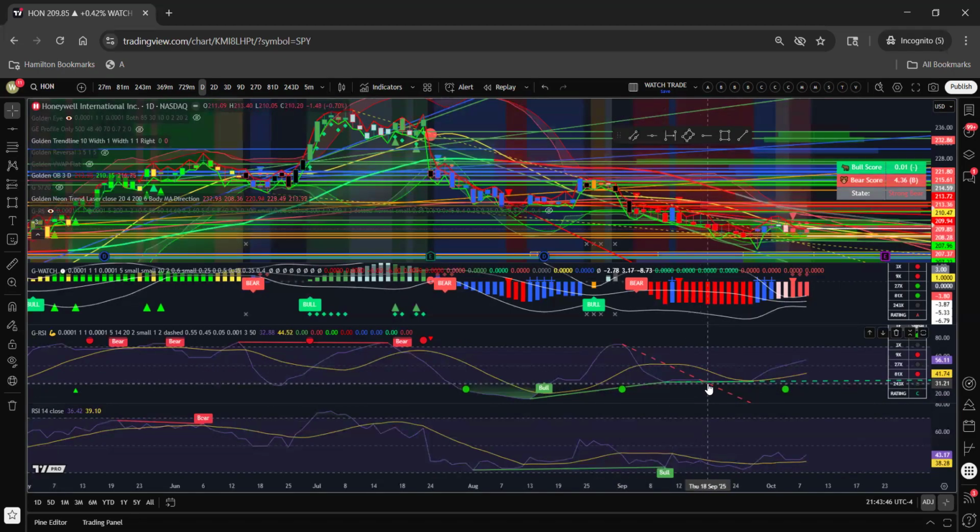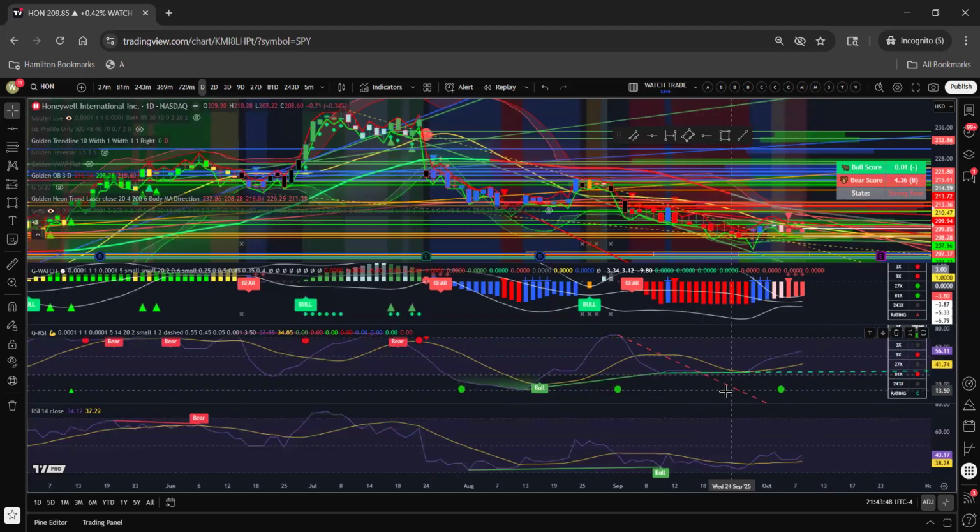Now, when this green line crosses above this red dash line, this resistance extension, this is when we can start getting LEAPS, especially if the purple and yellow line are above the red line, or preferably above both the red and green line.